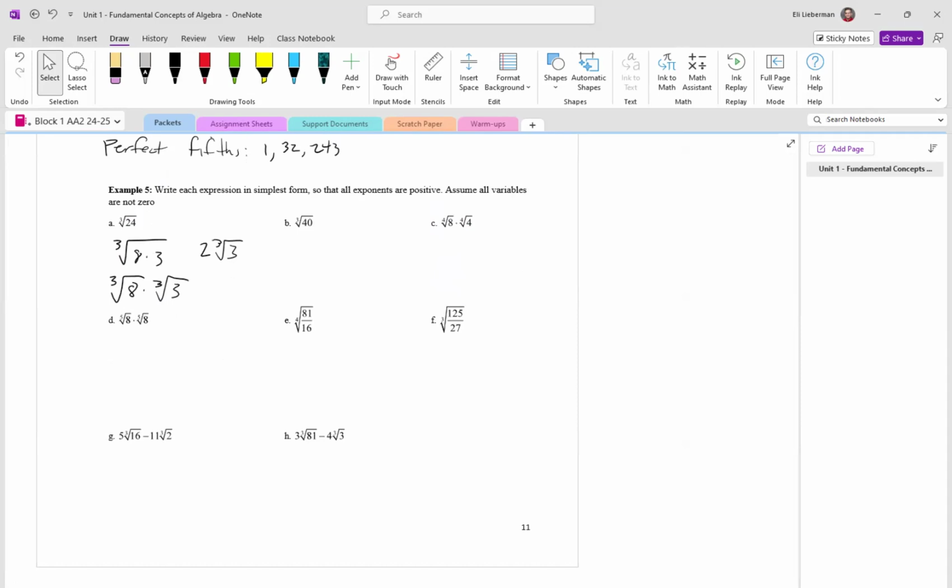Yeah, I think it's there. Okay, next one. This is a 4. Well, 81 and 16 are. Isn't it just 3 over 2? Okay. Because they're both perfect.